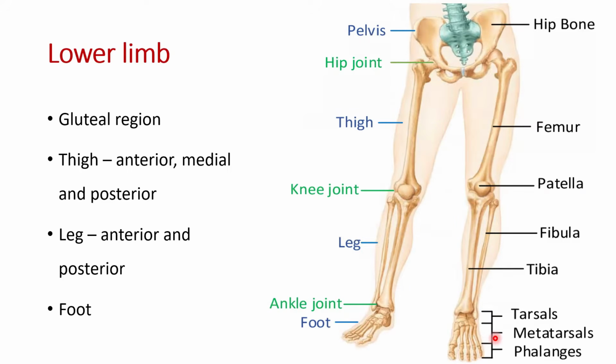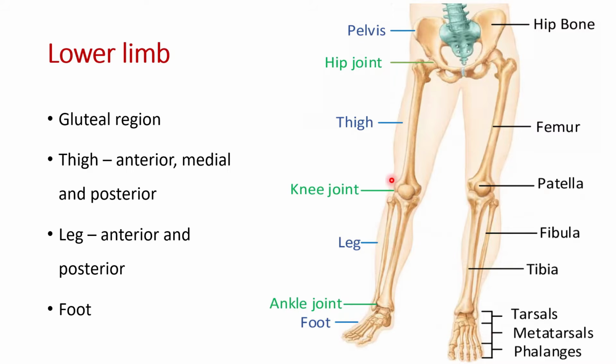So yes, some of the bones of the lower limb, as you can see here. Here we have the pelvis, and then you have the hip joint being formed by the femur and the pelvis. Then you can see the lower end, the distal aspect of the femur, and the upper aspect of tibia and fibula.